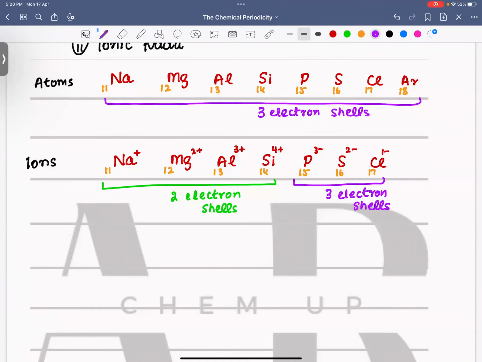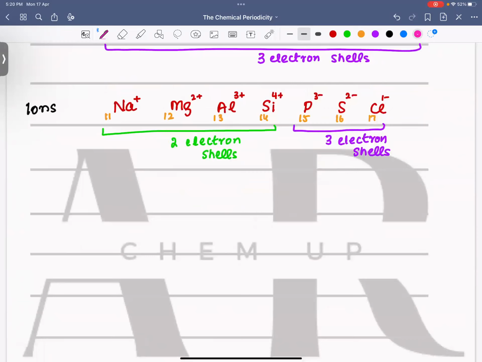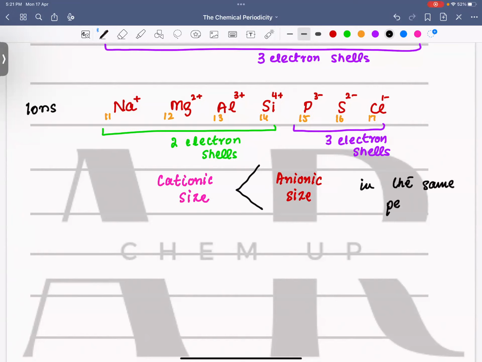So from this, can I say that cationic size is always smaller than anionic size in the same period, right?